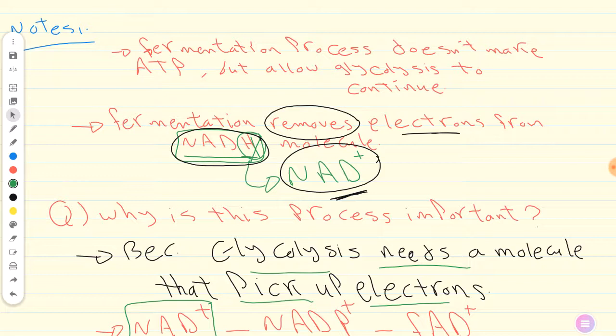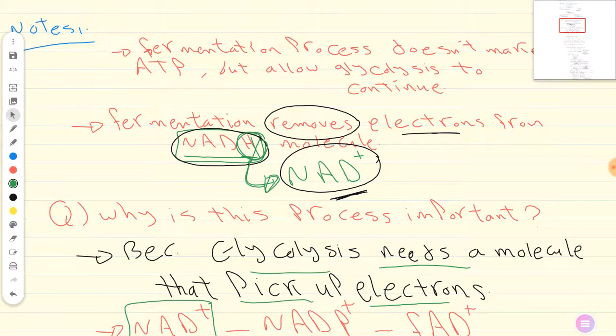know that when the carrier of electrons NADH loses its electron, it becomes NAD, a carrier of electrons. So why does the fermentation process remove these electrons from NADH, and why is this important? Pay attention please.